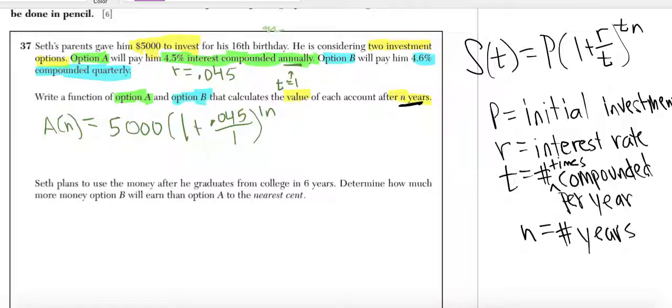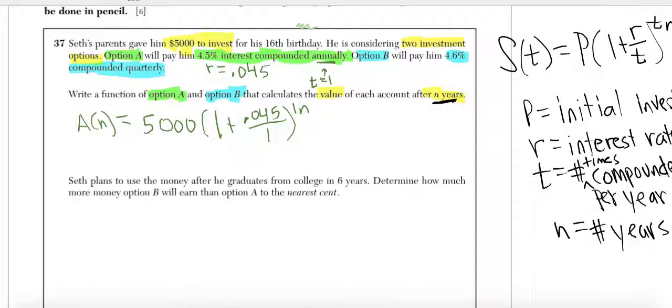Now, this could be simplified further, and you didn't even have to use the compound interest formula. If you know that when it's compounded annually, it's just the regular exponential growth formula. The formula will turn into this: A of n is equal to 5,000. 0.045 divided by 1 is just 0.045, which when you add to 1 becomes 1.045.